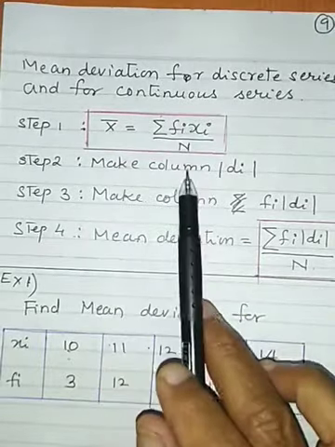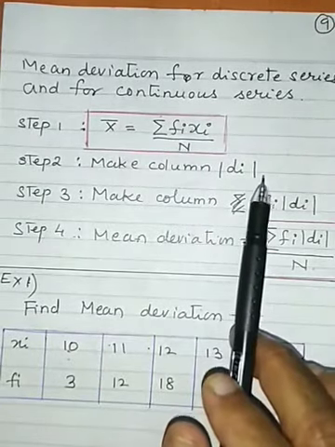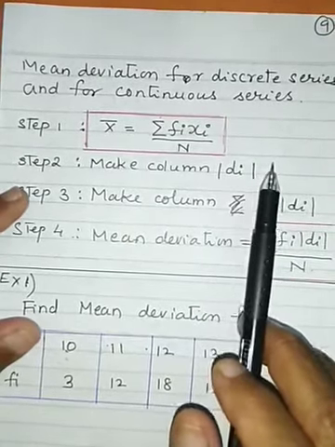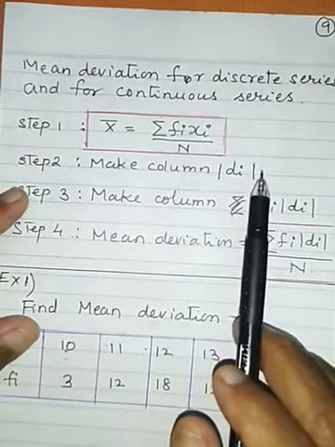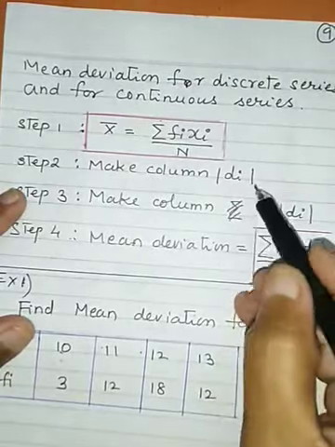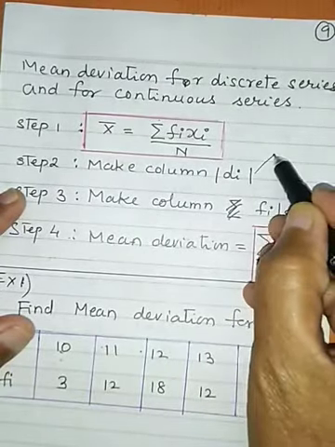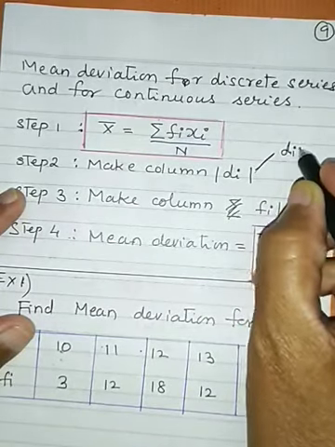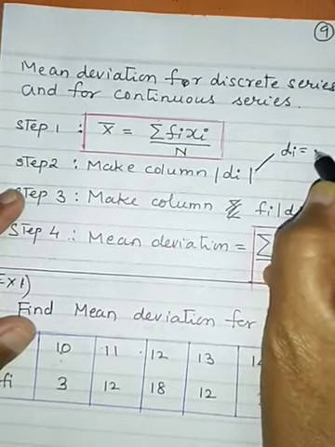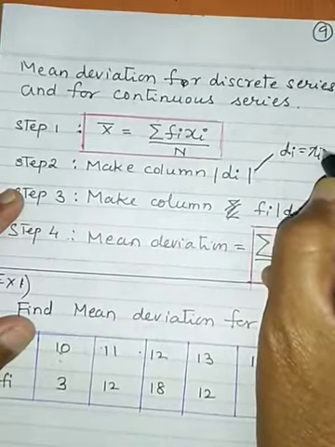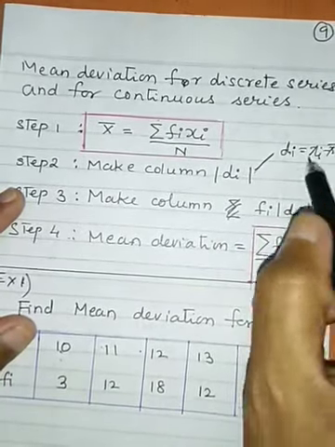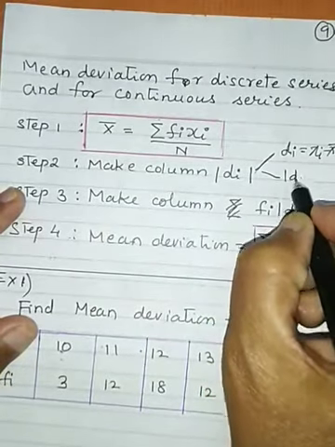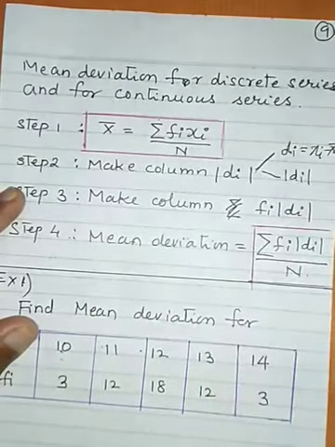Step 2. Make a column mod di. Now this can be done in 2 ways. First make di and then take its modulus. What is di? Xi minus x bar, and then you take mod of di.